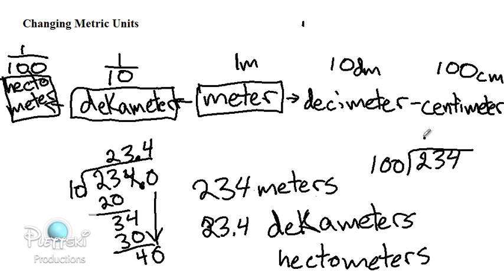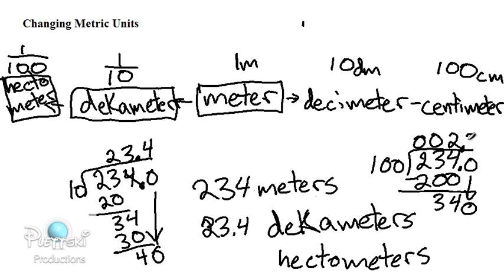well, 100 doesn't go into 2, it doesn't go into 23, but it does go into 234 2 times, because 2 times 100 is 200. Then you have 234 minus 200, which is just 34. Then you're going to add a decimal and bring it up to the quotient, and add a 0 and bring that down. And 100 goes into 340 3 times, because 3 times 100 is 300. And you're going to subtract that, and you'll end up with 40.